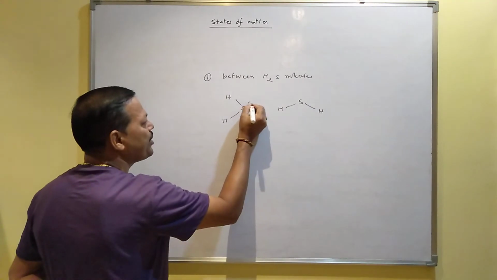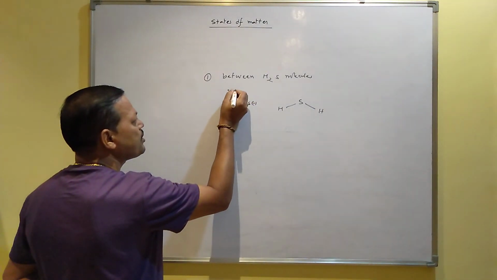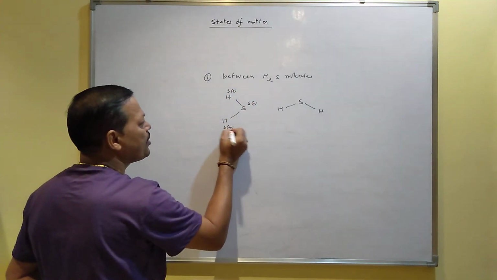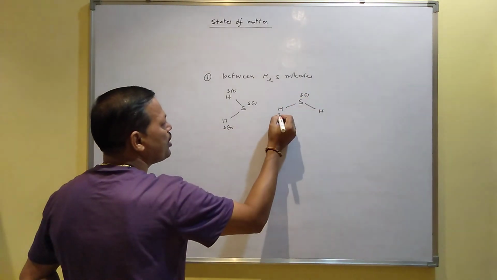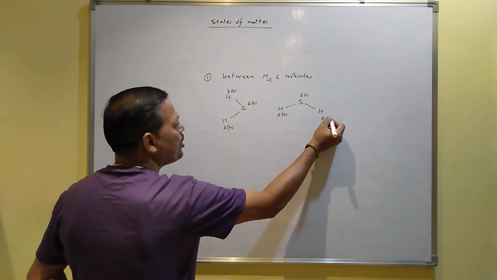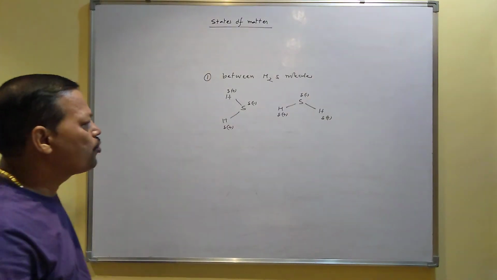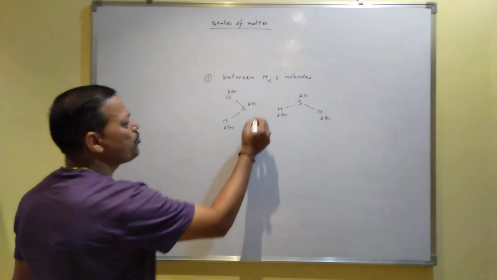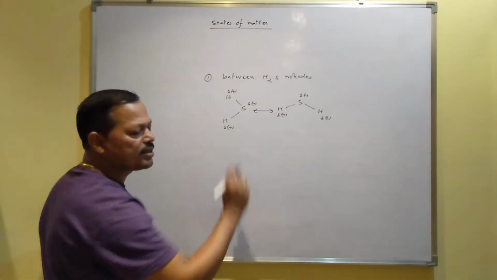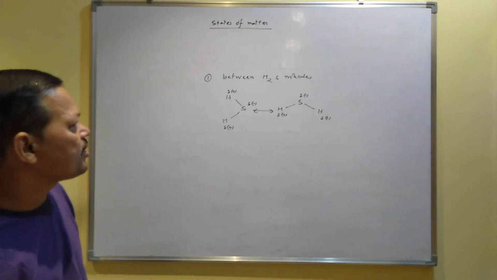Sulfur is more electronegative than hydrogen, so sulfur becomes delta minus and hydrogen becomes delta plus. Similarly here also you get delta plus and delta minus, so both molecules are polar. Between polar and polar molecules, what type of force exists? This is dipole-dipole force of attraction.